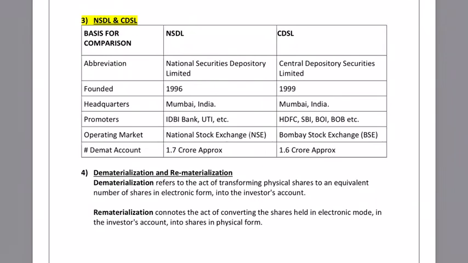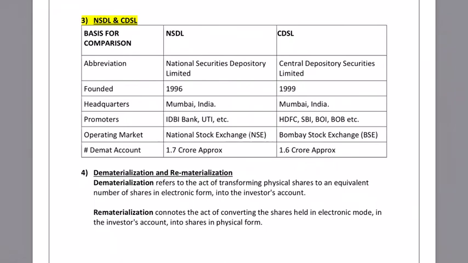Dematerialization refers to the act of transforming physical shares, the hard copy shares on paper, to an equivalent number of shares in electronic form, and transferring this into the investor's demat account. So this is dematerialization. Now what is rematerialization?